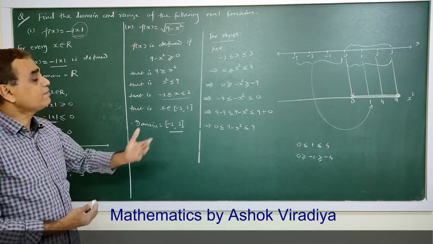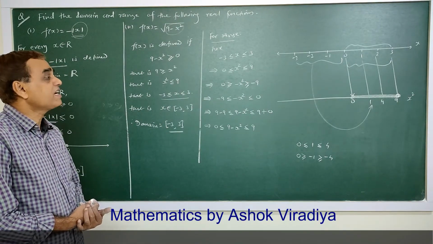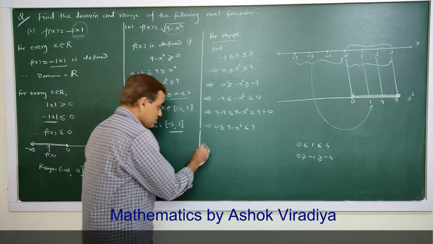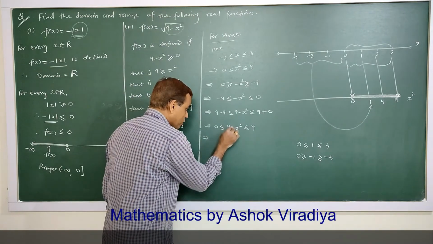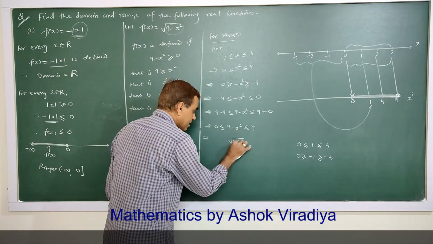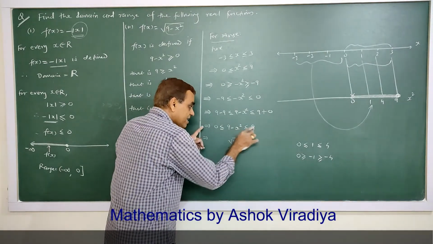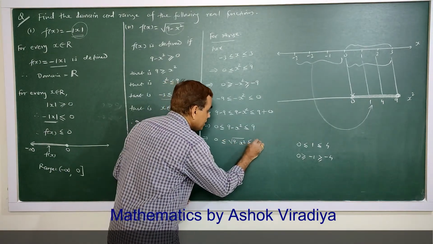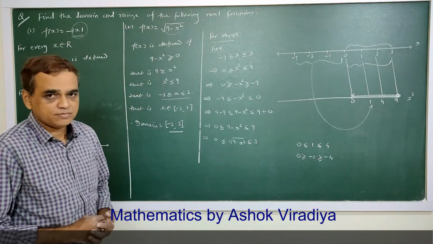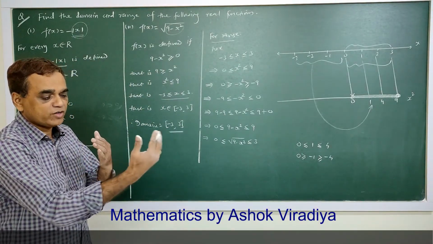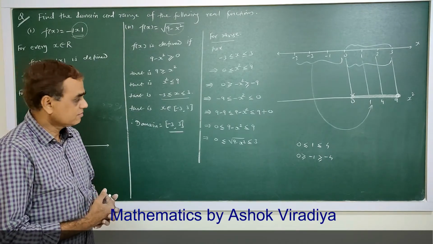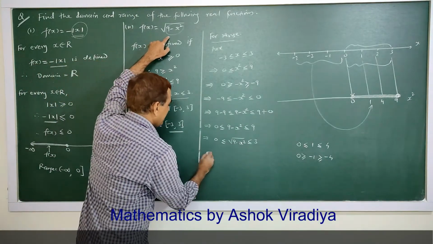So the value of 9 minus x square lies between 0 and 9. Now I am taking the square root. If any number is between 0 and 9, then its square root is between 0 and 3. Square root of a number between 0 and 9 is between 0 and 3. So this is the expression for f(x).